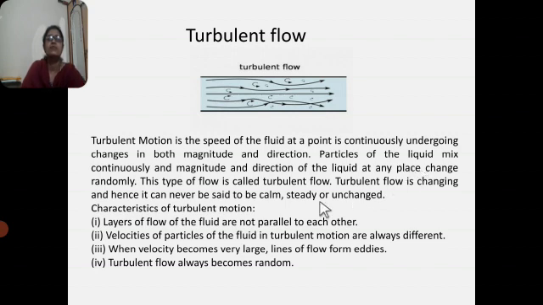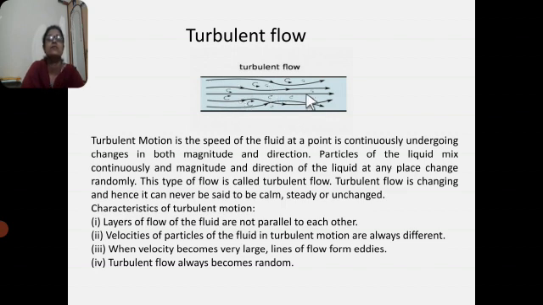Particles of the liquid mix continuously, and the magnitude and direction of the velocity at any place change randomly. This type of flow is called turbulent flow. Turbulent flow is always changing, and hence it can never be said to be calm, steady or unchanged. In the characteristics of turbulent motion, layers of the flow of fluid are not seen in this figure.